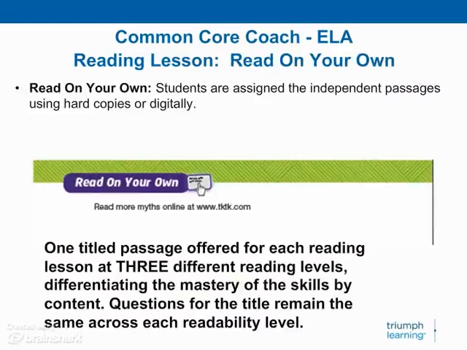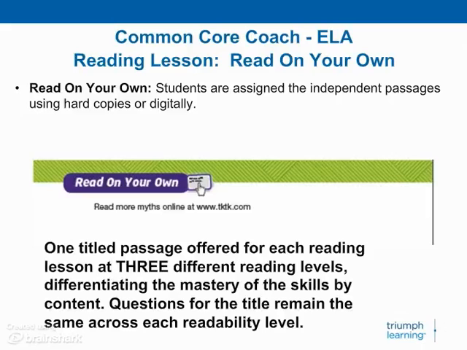The third part of a Common Core Coach ELA reading lesson, grades 3 through 8, is the Read on Your Own. Read on Your Own is where students are assigned an independent passage at their prime independent reading level, and this comes from the hard copies in the independent leveled assessment book, or they are available digitally as well.